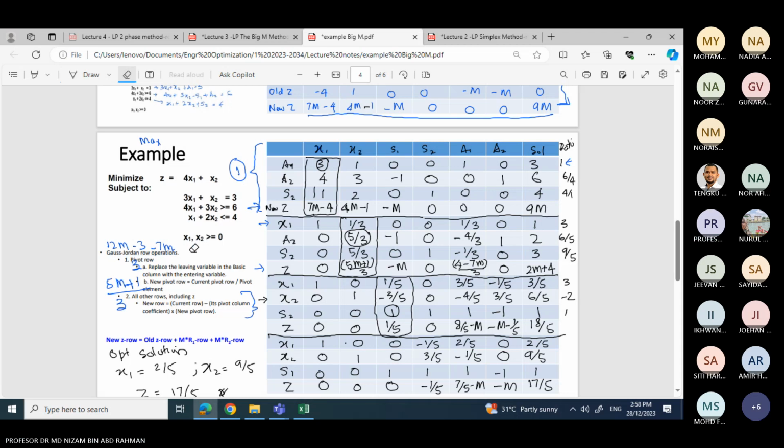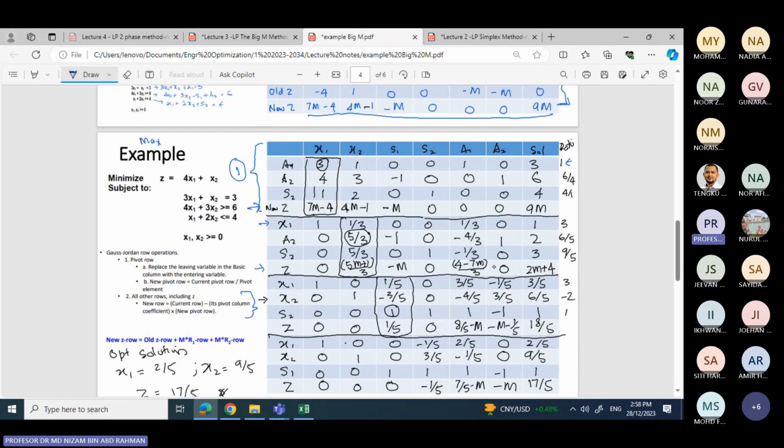Okay. No questions, and we move on. So then basically you do the same thing for the rest. If you do that, it becomes minus m, 0, 4 minus 7m/3, and this is what you'll get.